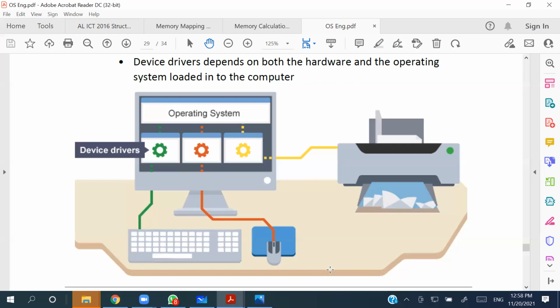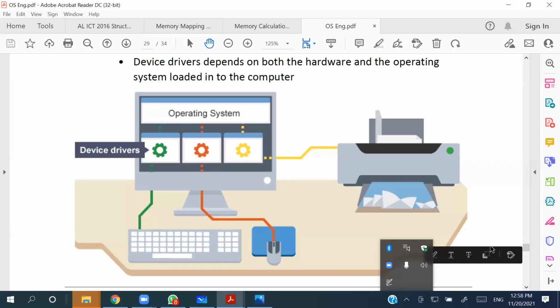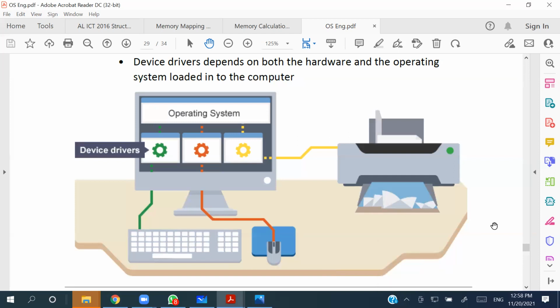You may have experienced this when working with a pen drive or an external hard disk, even with a mouse and a keyboard. When you connect a device for the very first time, it takes a little time to recognize it. Then you see a small pop-up message saying your device is ready to use, or the device drivers are successfully installed.